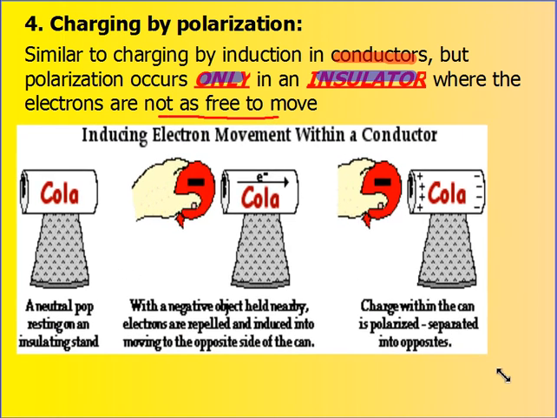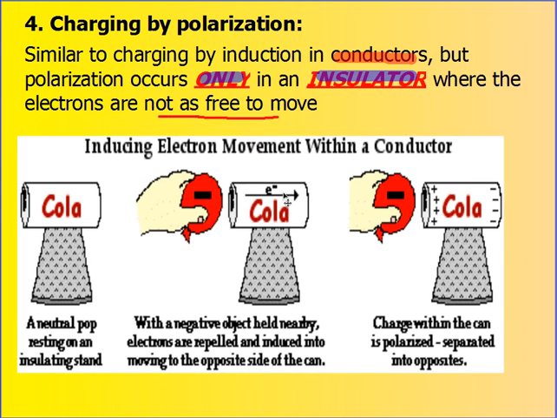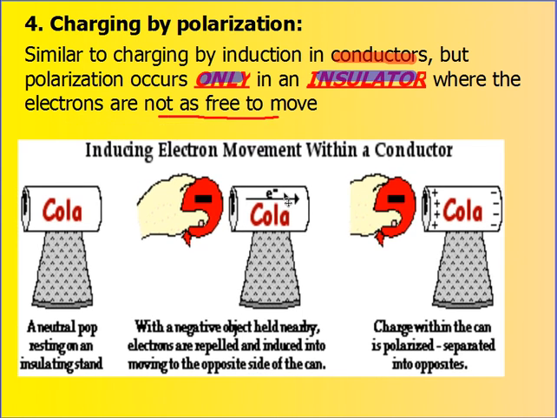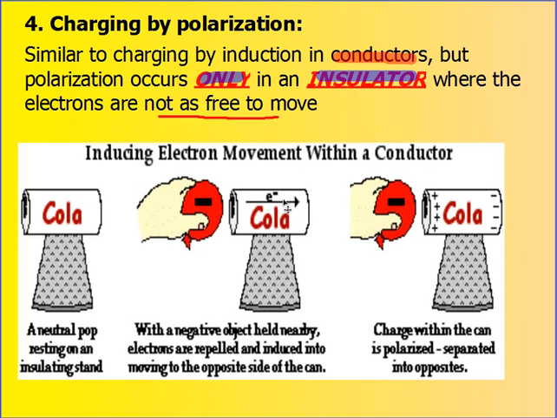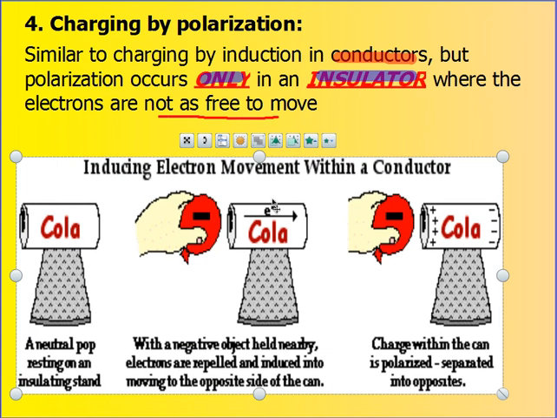Let's look at this Coke can. Oh, this is a conductor. Let's not do this one. Well, this is an example of polarization. This is what happens near a wall. Say you have a neutral can.